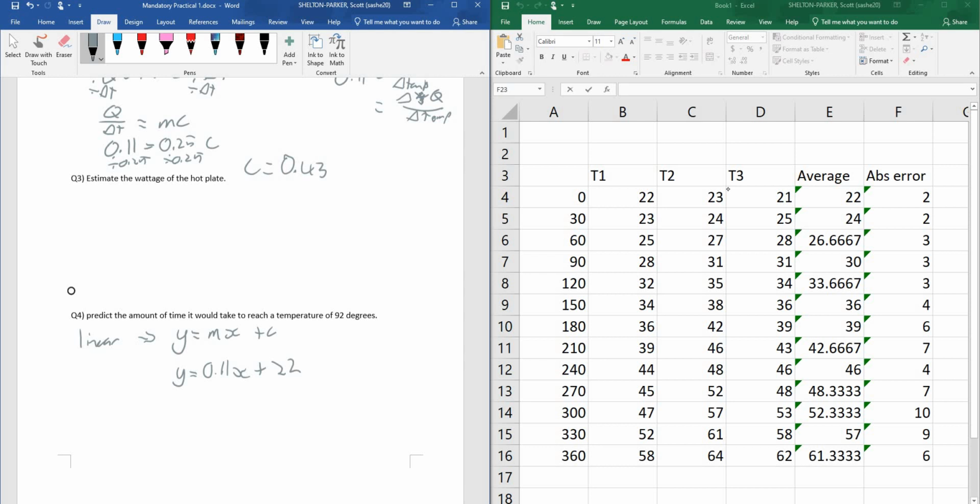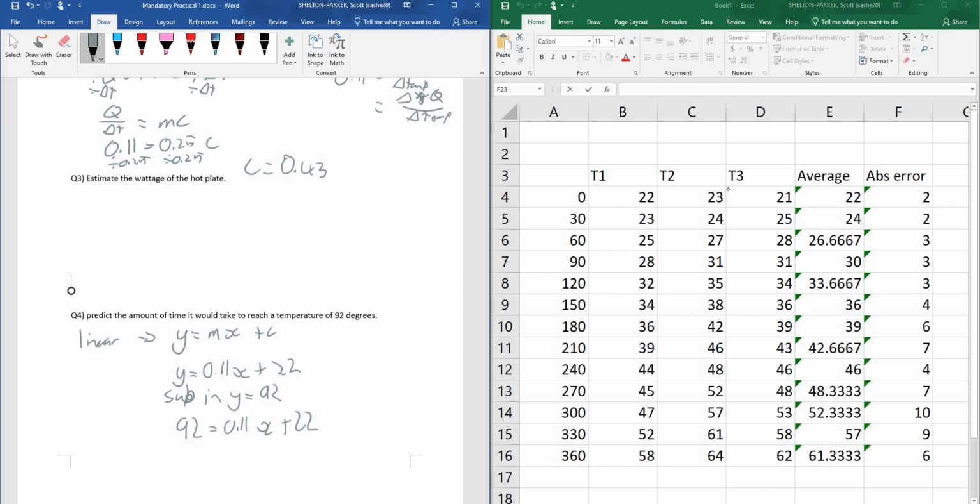And then we want to know at what time it is 92 degrees. Where would we put the 92? Would 92 be our x value or our y value? Y value. That's right. Sub in y equals 92: 92 equals 0.11x plus 22.